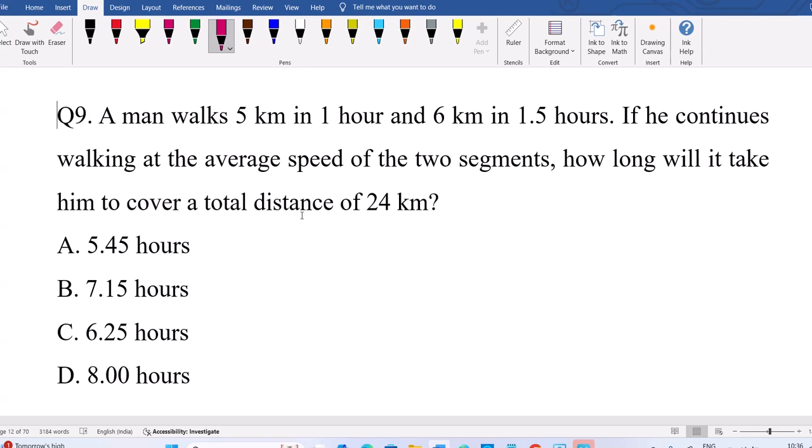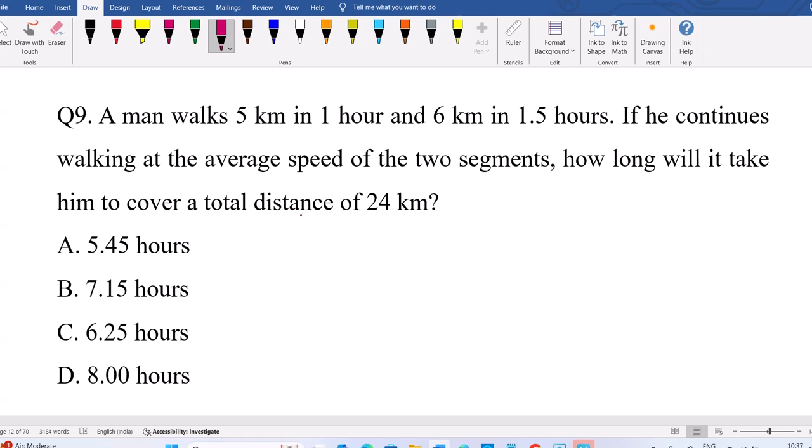He continues in the same manner: first hour 5 kilometers, next 1.5 hours 6 kilometers, and again the same way. For 24 kilometers, what is the time taken? The options have a pretty big gap, 5 point something, 7 point something, so you can easily approximate.